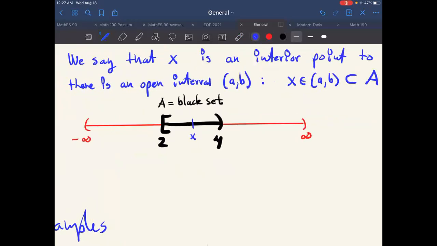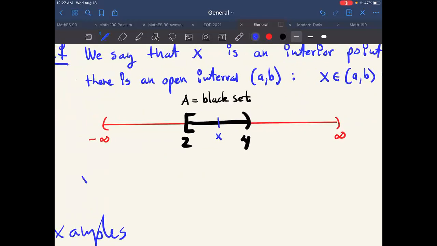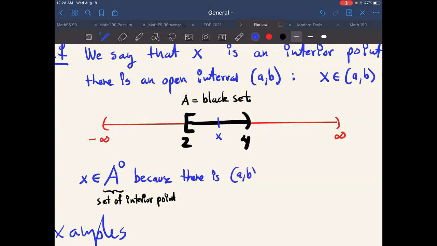And by the way, we denote the interior points with an A superscript zero like this. This means the set of interior points, with a little zero, all right? x is an interior point because there is an (a, b), an open interval, such that x is inside (a, b).